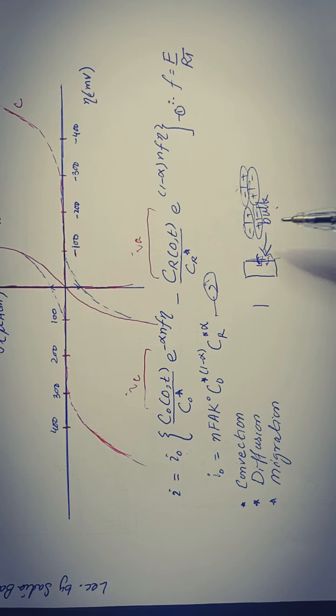Due to this higher concentration of the supporting or background electrolyte, the species tend to stay within the bulk.